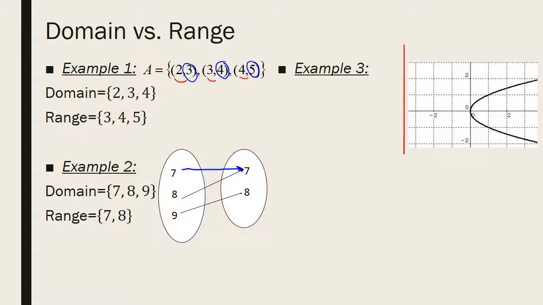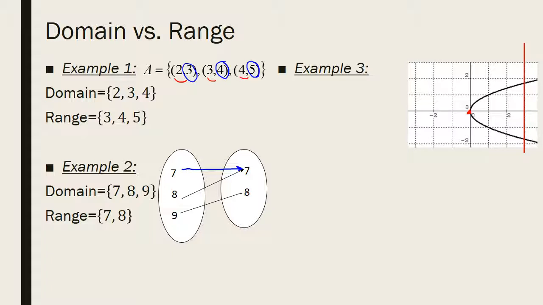I'm going to imagine this vertical line going through the graph, and we'll see that the vertical line starts at this value right here. This is the first value that we can see on the graph when the vertical line is used.